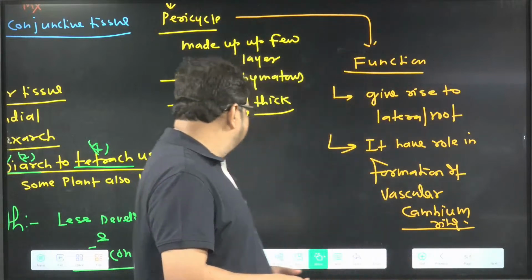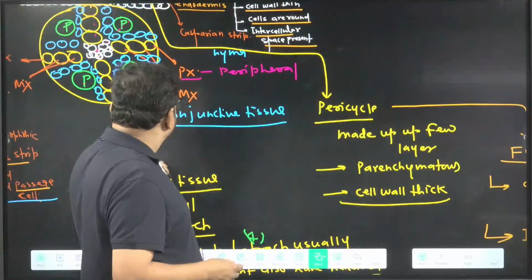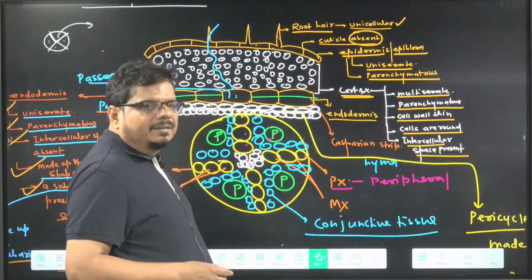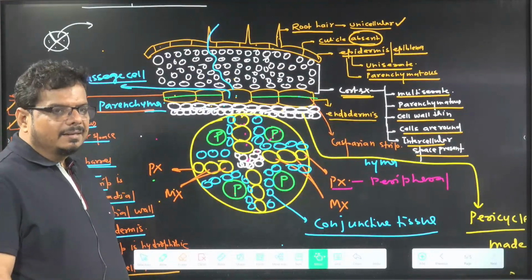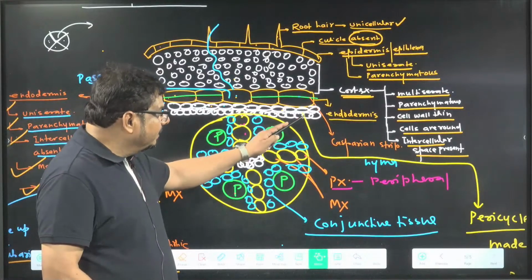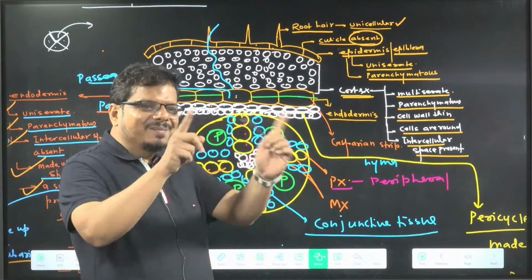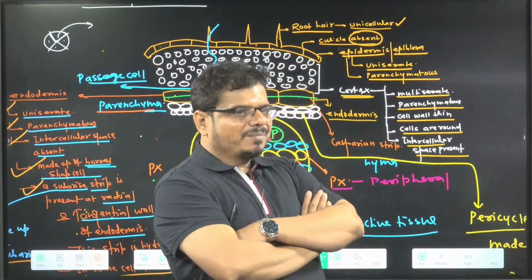See the diagram. You draw the diagram like this. Practice many times, and perfection will come. So what is the moral of the story? Parenchymatous pericycle. Patches of parenchyma and sclerenchyma are present in which one? Dicot stem.